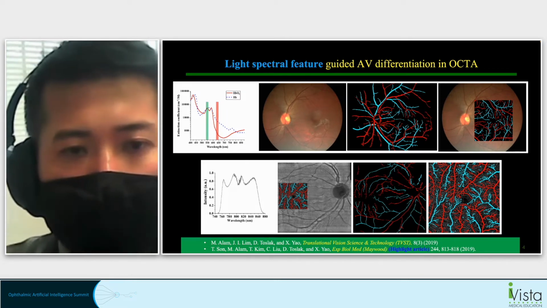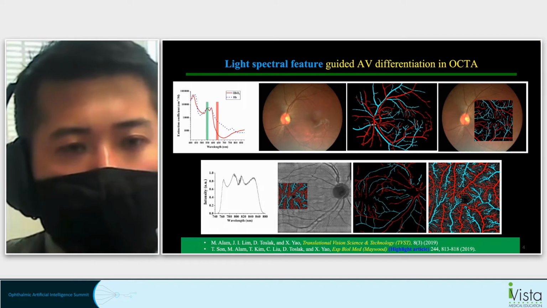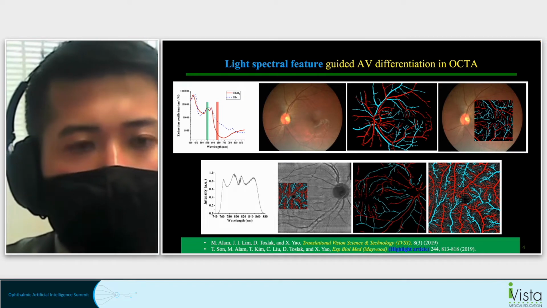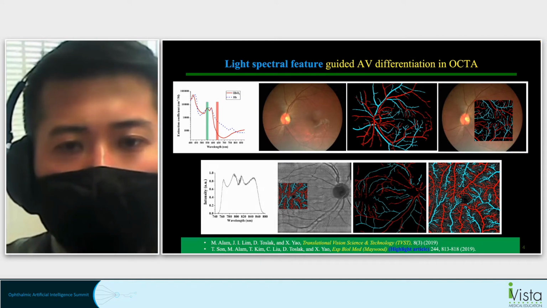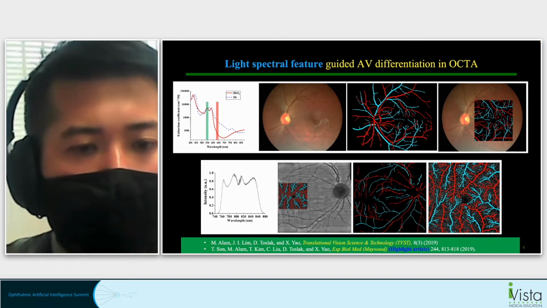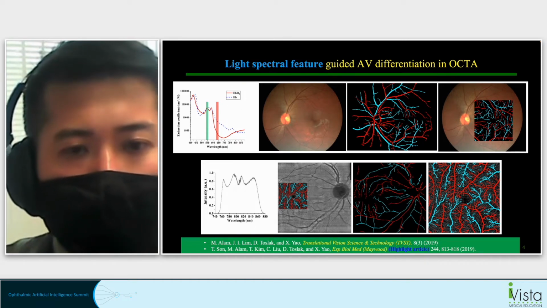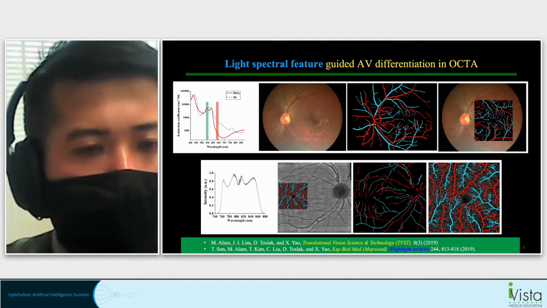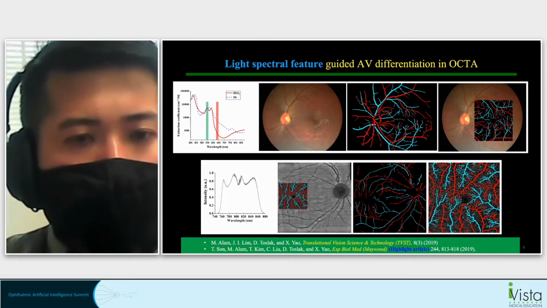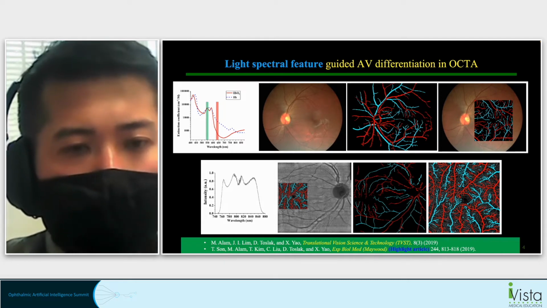However, fundus images cannot provide high resolution of individual retinal vasculature. Furthermore, fundus photography guided AV classification in OCTA requires 2 imaging modalities, a fundus camera and an OCT machine. This is not ideal. Whereas OCT can provide both high resolution and separation of individual retinal layers.